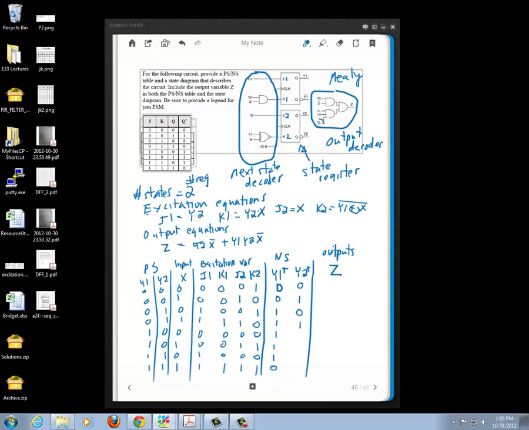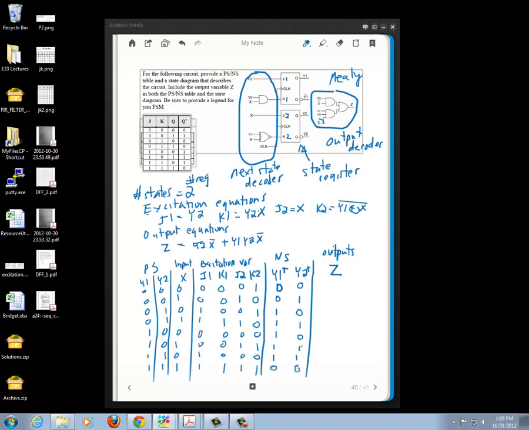They're both 0, which is a hold, so what is Y2? Y2 is a 0. They're both 1, which is a toggle. Y2 is 0, so Y2 next state is 1. Both 0 is a hold. We hold on to the 1. And then 1 and 1 is toggle. Y2 is 1, so we get a 0.